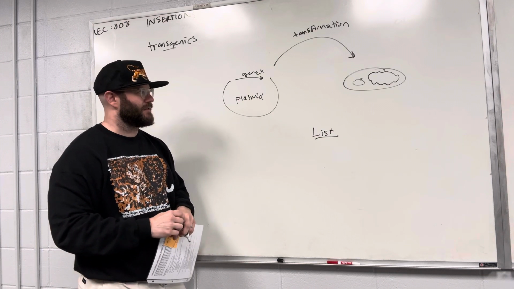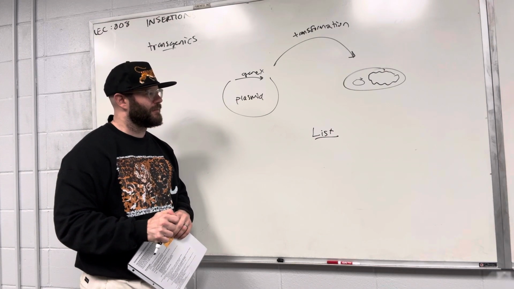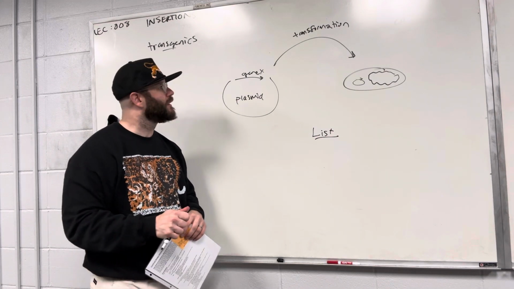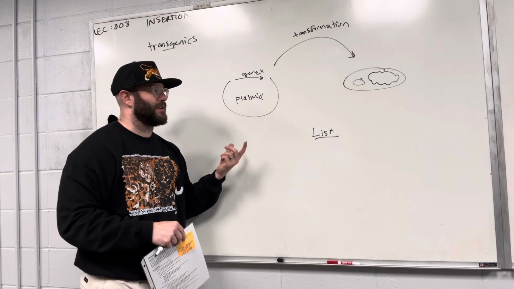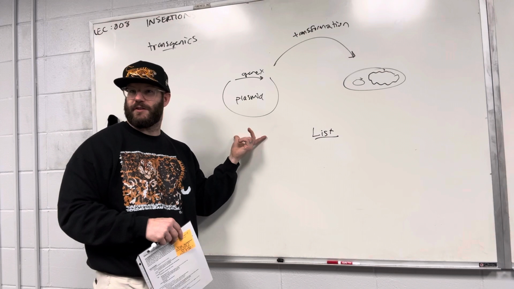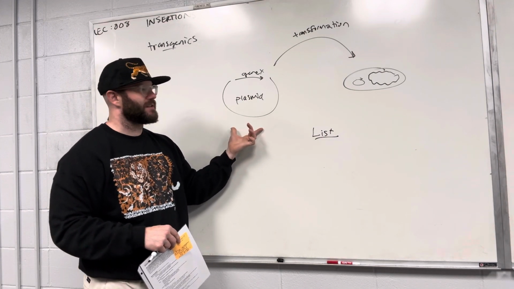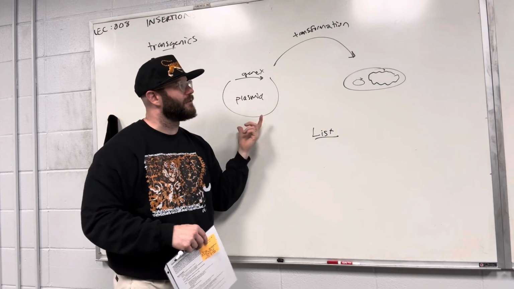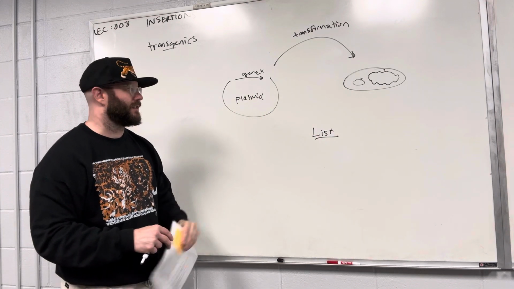How many cells do you think are in a multicellular organism? Hundreds of thousands. Probably trillions. Trillions. How likely is it that you can take a plasmid and successfully transform a trillion cells with 100% efficiency? Not very likely. It's impossible. That never happens. That's why this is not really a thing that people do to create transgenic multicellular organisms.